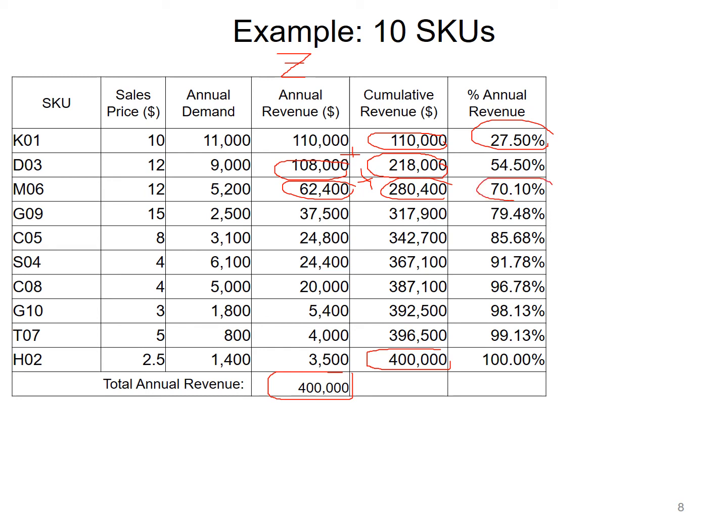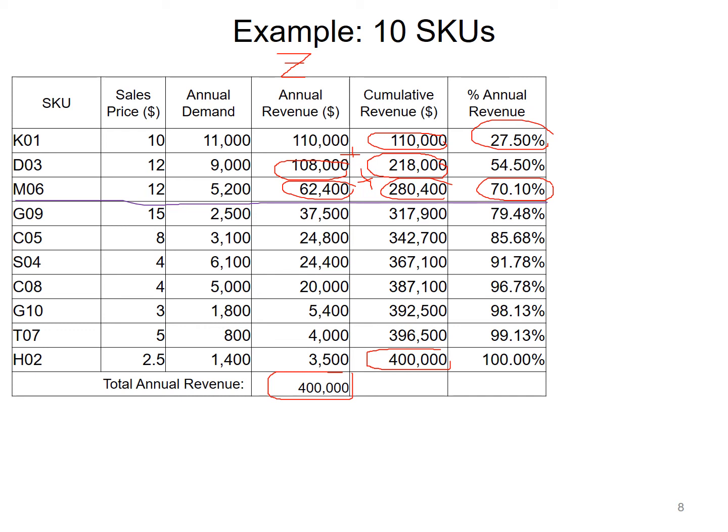And 70.1% comes from dividing 280,400 by 400,000. So the way to understand this is, up to this third SKU, 70.1% of your total annual revenue is captured by the first three SKUs. So you can kind of see where this is headed.